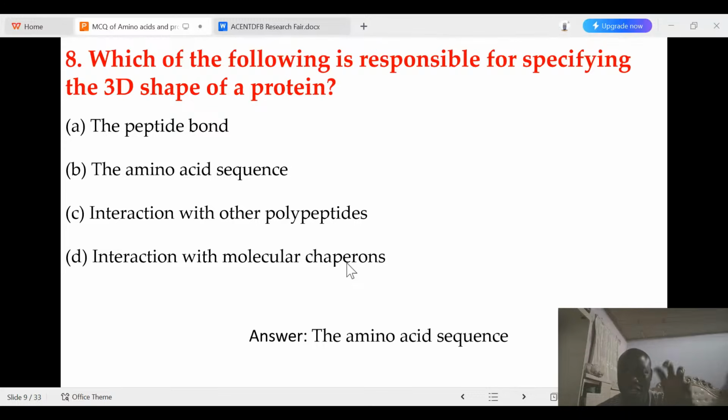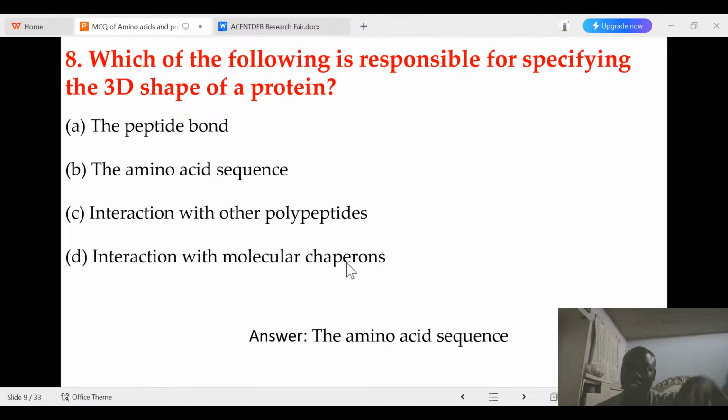The amino acid sequence of a protein is what will determine how the 3D structure of the protein will be. Generally, proteins have different shapes, different structures. The shape of the protein varies from one another, and that different shape is due to the amino acid sequence.